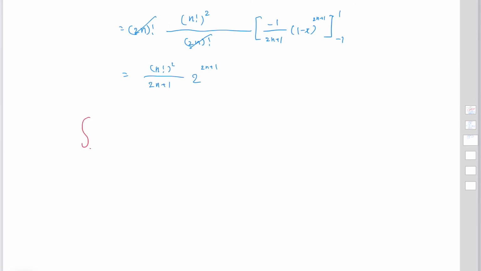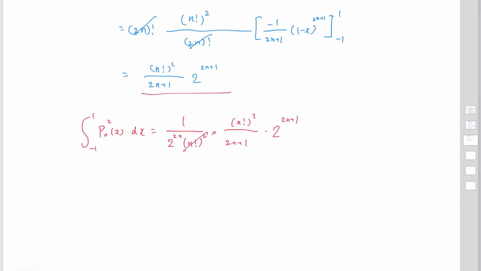Then finally, the square norm of the Legendre functions is expressed as 1 over 2 to the 2n, factorial of n squared, and you can substitute these quantities: factorial of n squared over (2n plus 1) times 2 to the 2n plus 1.